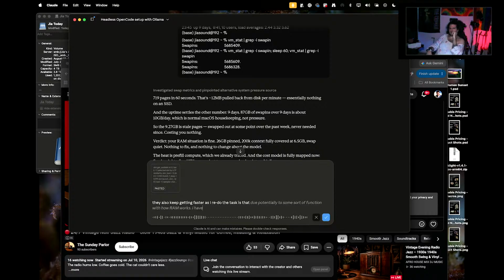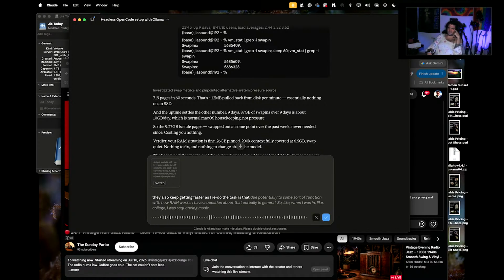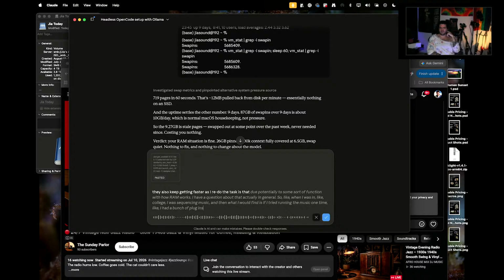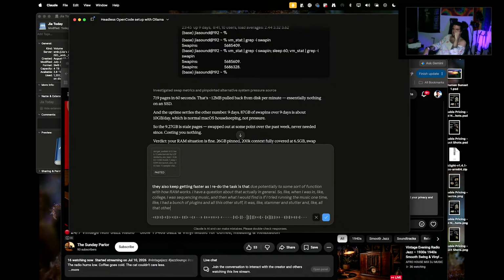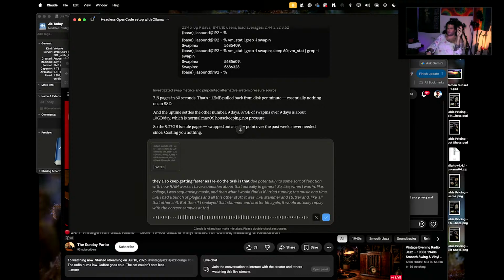I have a question about that actually in general. When I was in college, I was sequencing music, and if I tried running the music one time, with a bunch of plugins and all this other stuff, it would stammer and stutter. But if I replayed that stammered and stuttered bit again, it would actually replay with the correct samples up until the point where I stopped it, and then it would start stammering and stuttering.